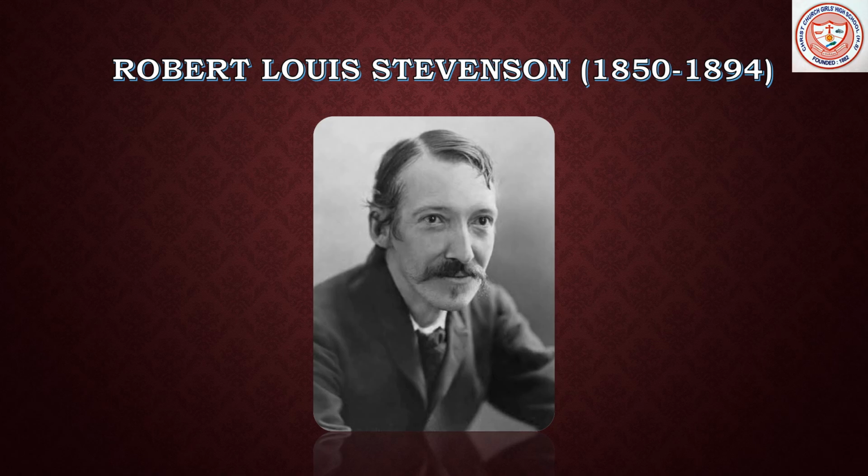Born and educated in Edinburgh, Stevenson suffered from serious bronchial trouble for much of his life, but continued to write profusely and travel widely in defiance of his poor health.